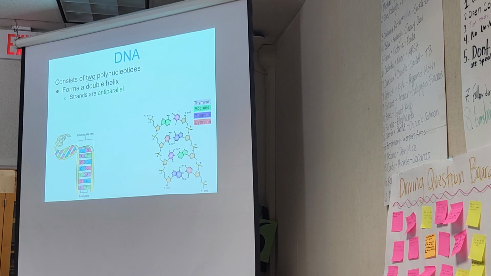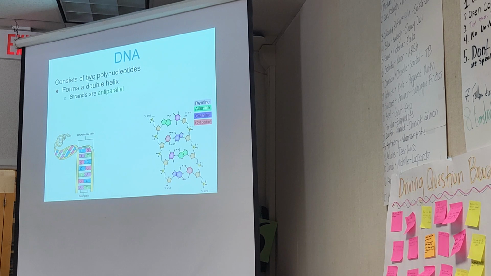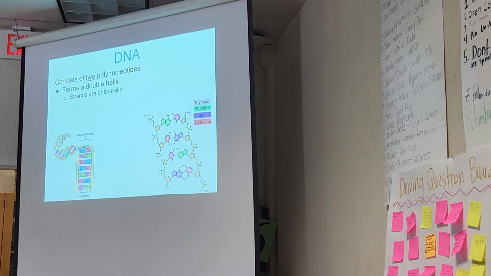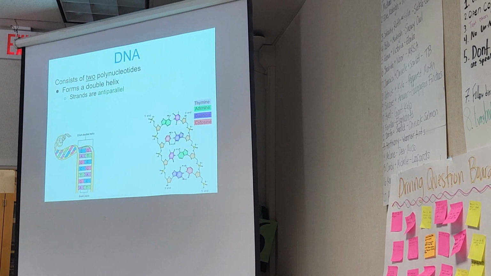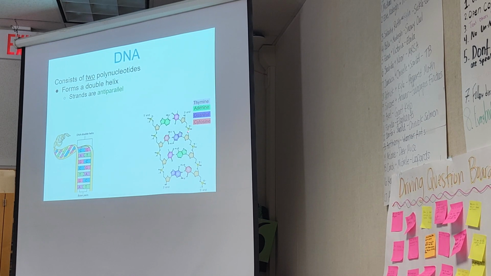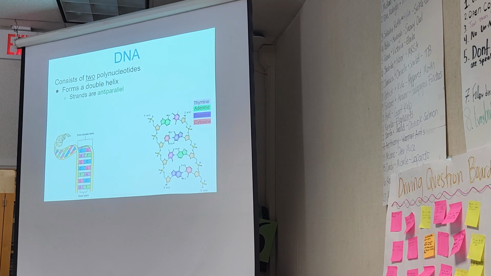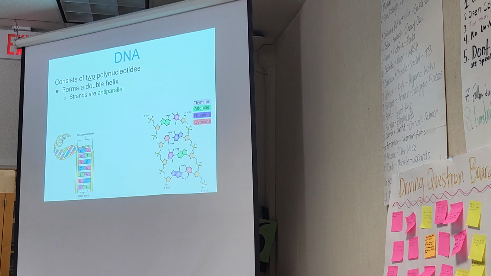And then we have our deoxyribose again. And then what is attached on the outside of that deoxyribose? Not where's it attached, what is attached? Yeah, that's our phosphate group again, right?